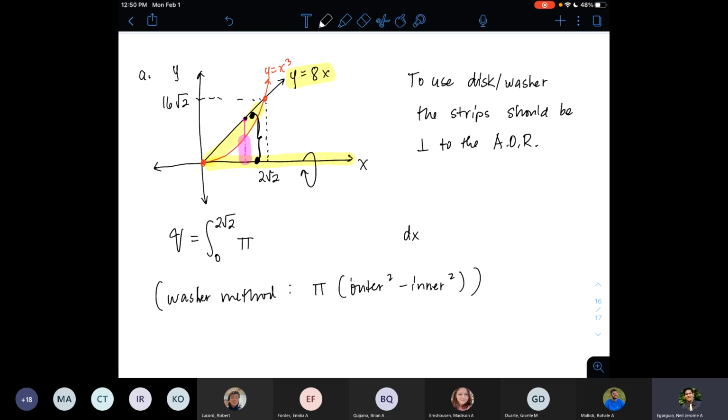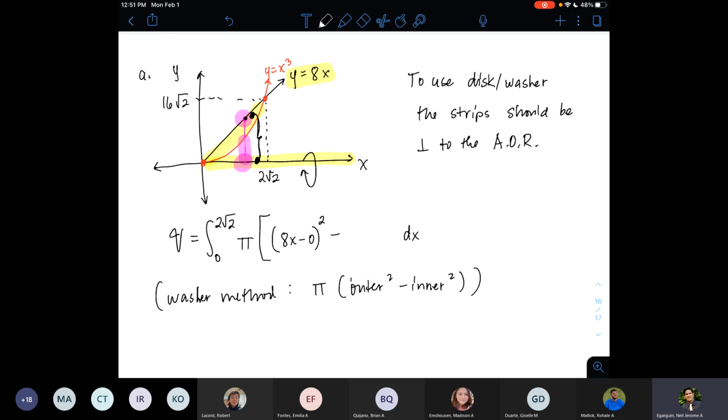It's always the top function minus the bottom function. The top function here is 8x because the endpoint of the outer radius lies on the straight line. And the bottom function is the x-axis, whose equation is y equals 0. So that means the outer radius would be upper function minus lower function quantity squared, right?